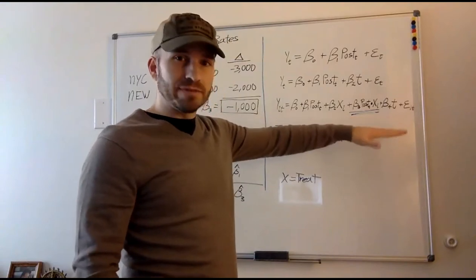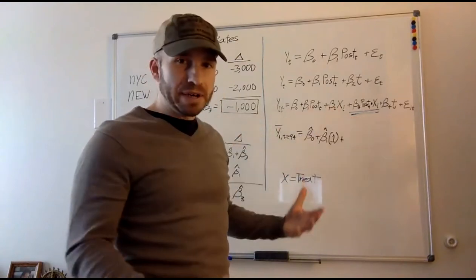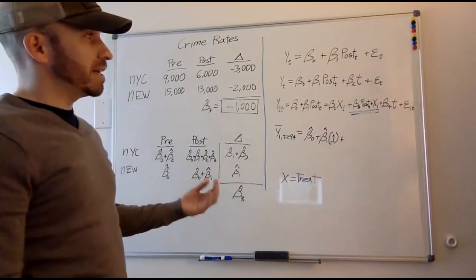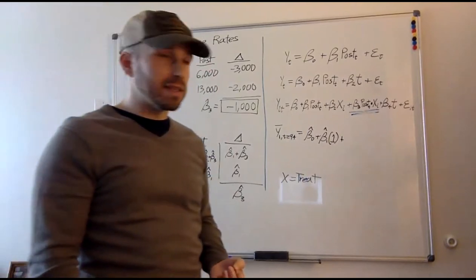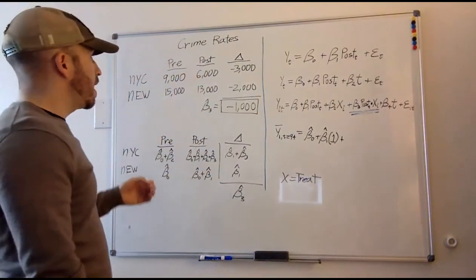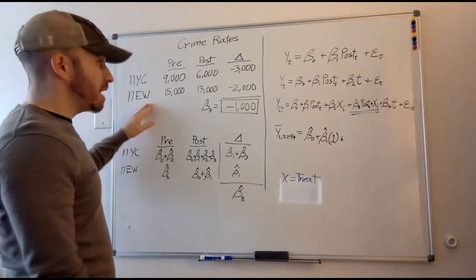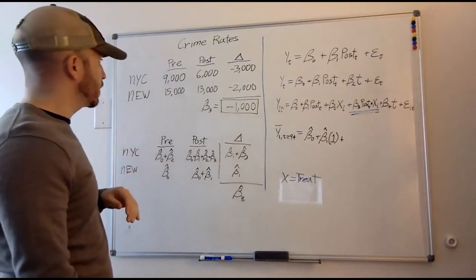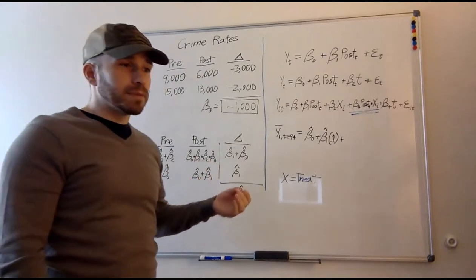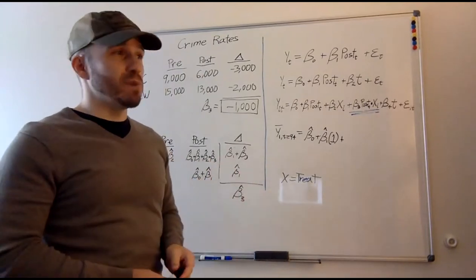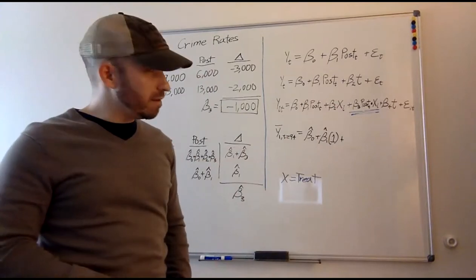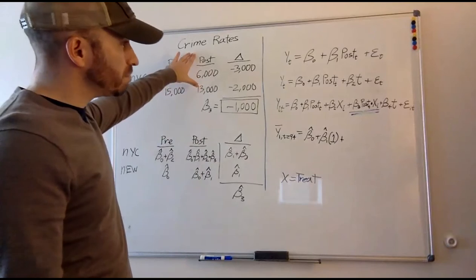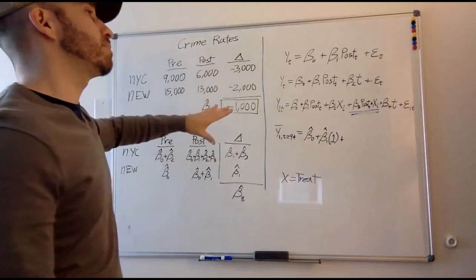setting up difference in differences equations is going to vary a lot. So for example, suppose I include fixed effects in this regression. If there are many different cities in my sample, it's not just New York and Newark. We have all of the major cities in the U.S., and 20 or 10 of them implemented a broken windows policing program.